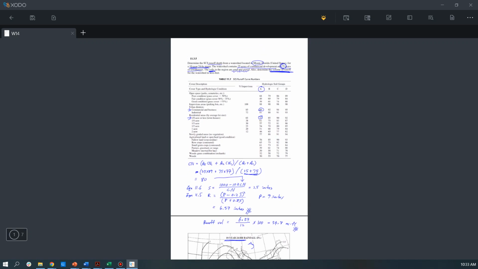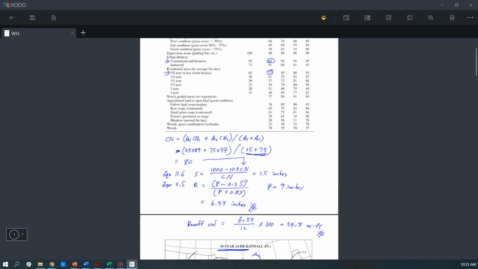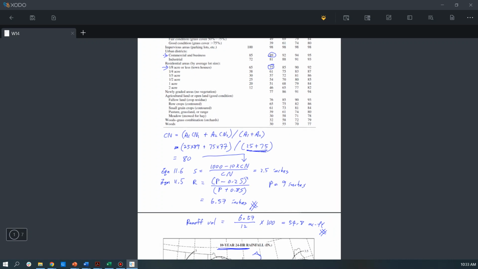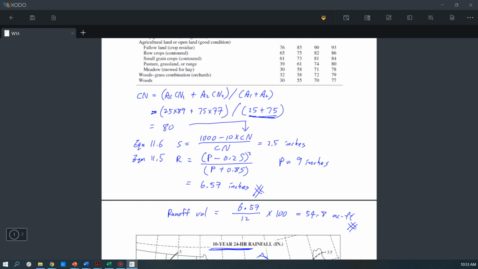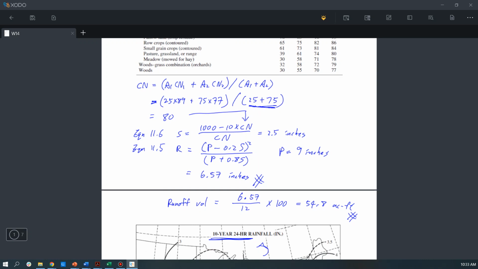Then we can apply the SCS curve number method to calculate the runoff, and you can easily convert the runoff depth to the runoff volume by multiplying by the total area. So that's straightforward. We can move on to the next question.